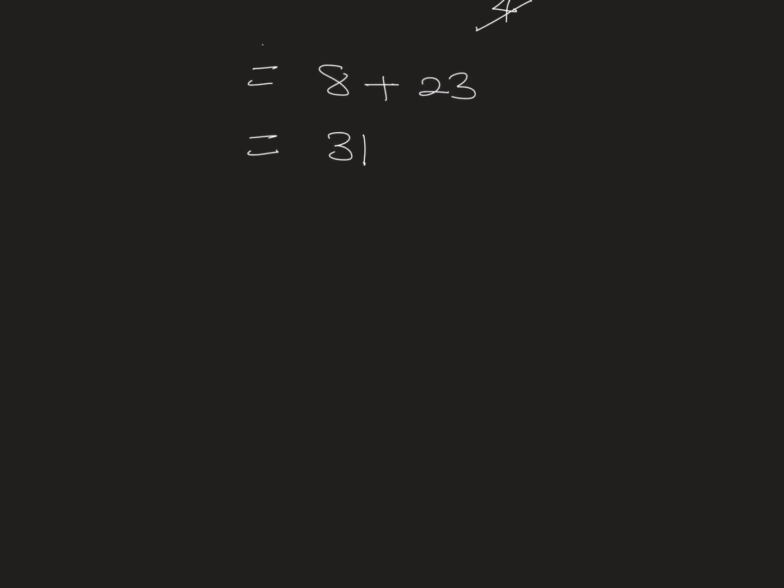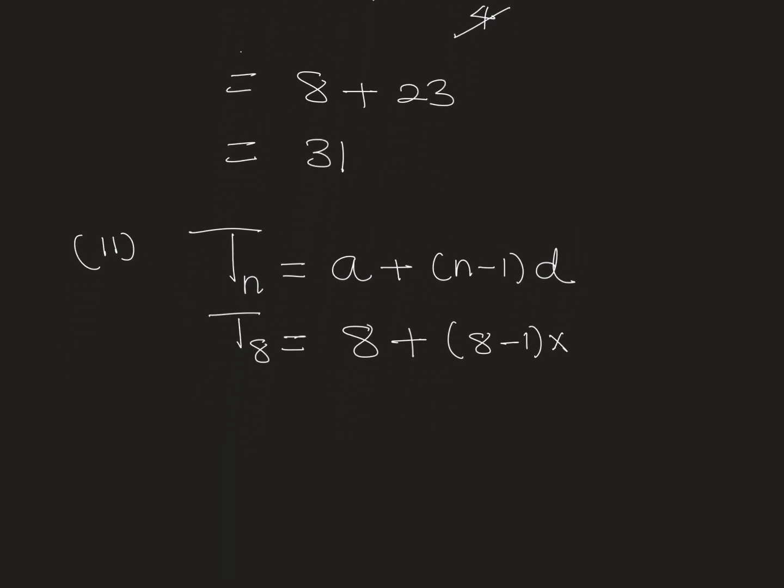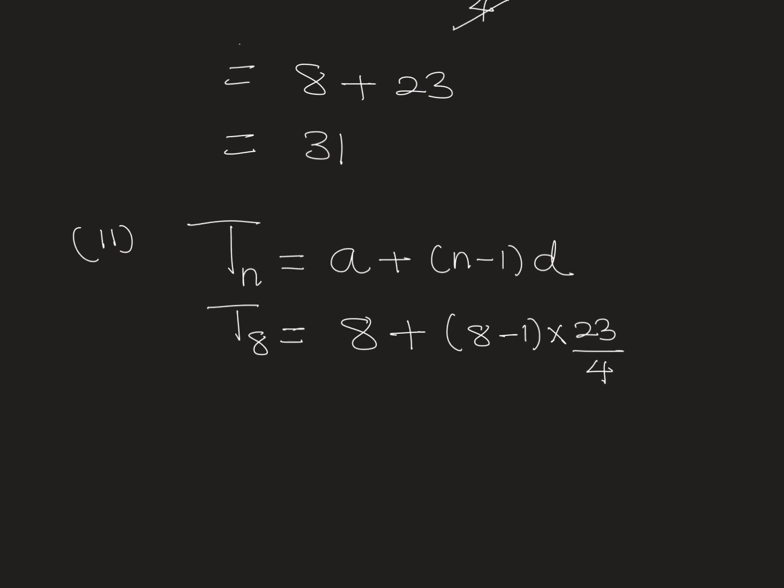So moving on to the second question, it asks us to find the eighth term using t sub n is equal to a plus n minus 1 times the difference. So the eighth term will be t sub 8 is equal to, the first term in this sequence is 8, plus n will be 8, minus 1, times the difference, which is 23 over 4.